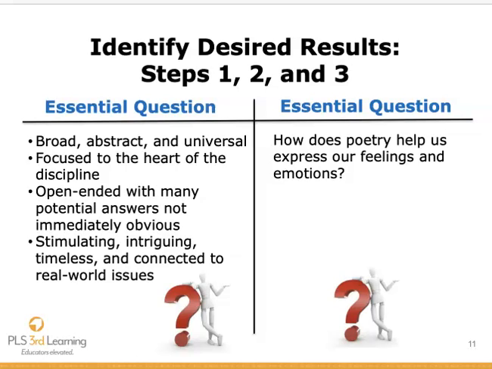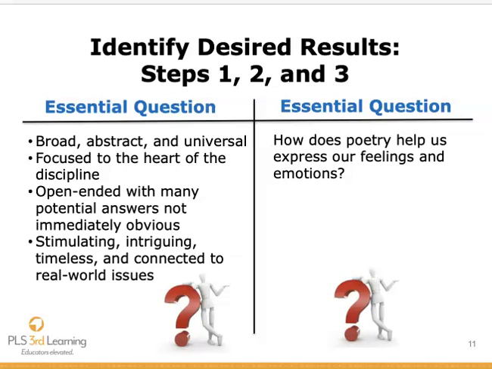The essential question is also open-ended, with many potential answers, and the answers are not immediately obvious. It is this open-endedness and multiple solutions that open the door for student inquiry. The essential question is stimulating, intriguing, and timeless.